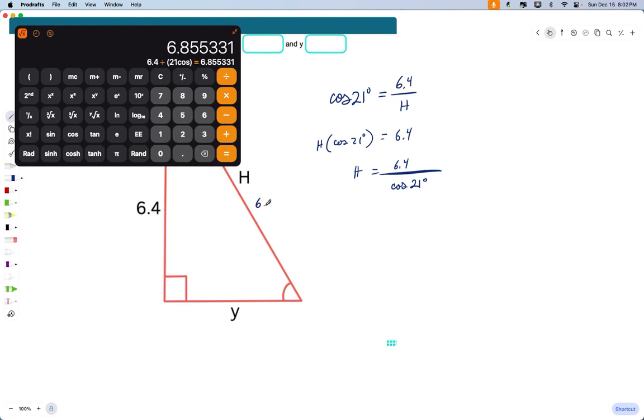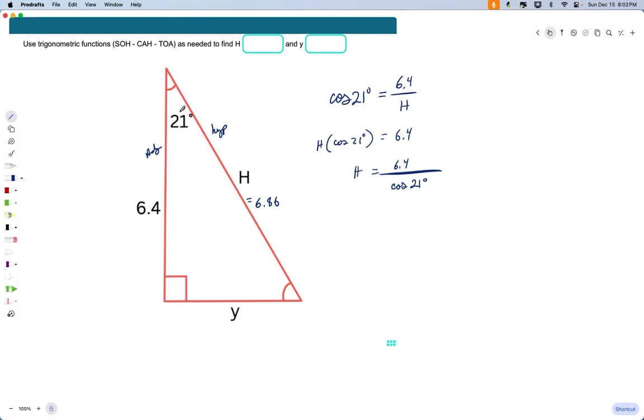Okay. So now we have a couple of choices. We can choose to use Pythagoras' theorem, or since we know this is 21, this is going to be 69 degrees. So we can either use cosine of 69 to find y, or we can use Pythagoras' theorem. Let's do both. Let's just see what we got.